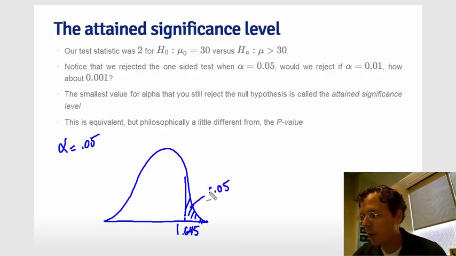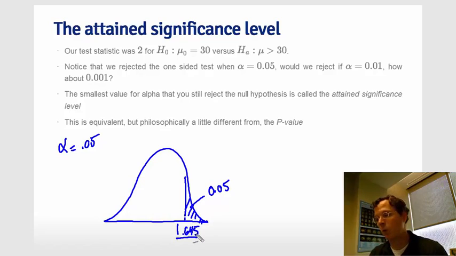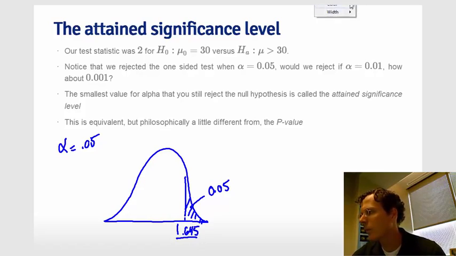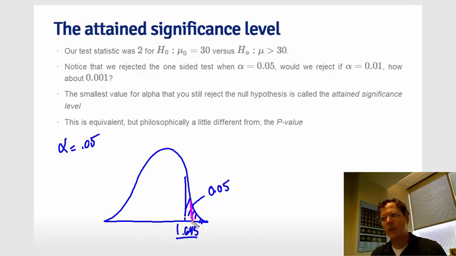So that area was 0.05, the quantile would be 1.645. Since we know 2 lies above 1.645, we would reject.